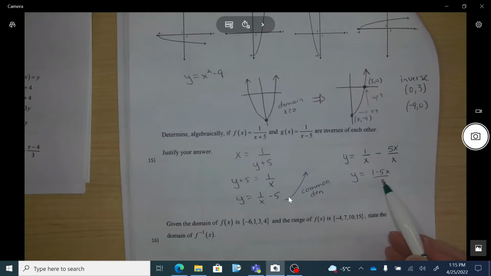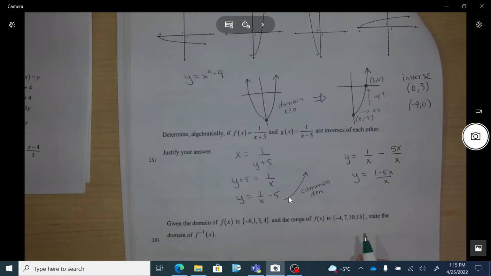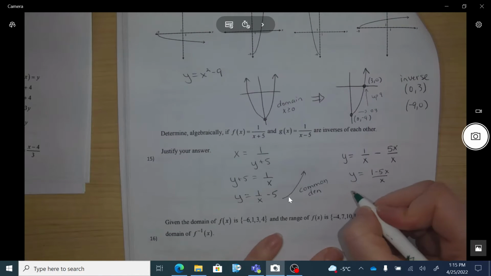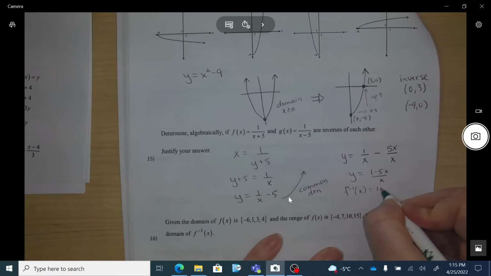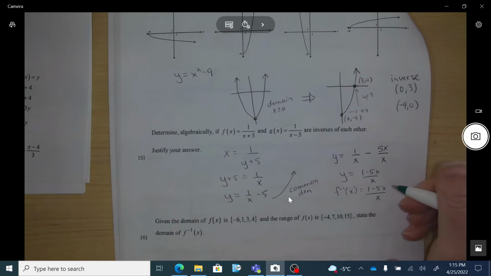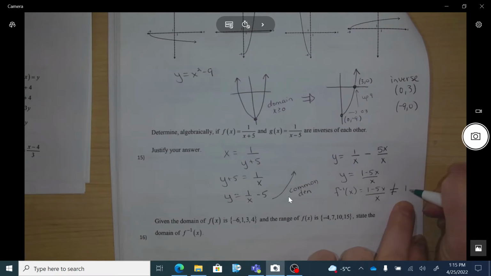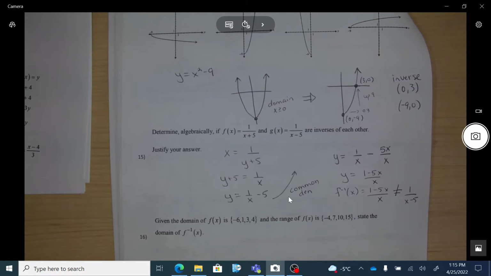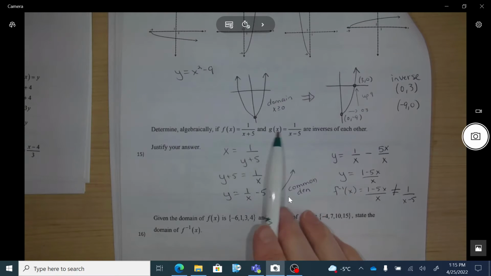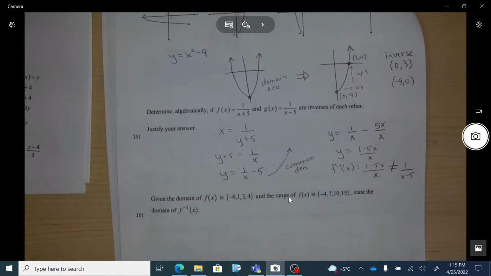So therefore, that and that are not the same. They're not the same. Okay, and you could have tried to go from there back to there as well.